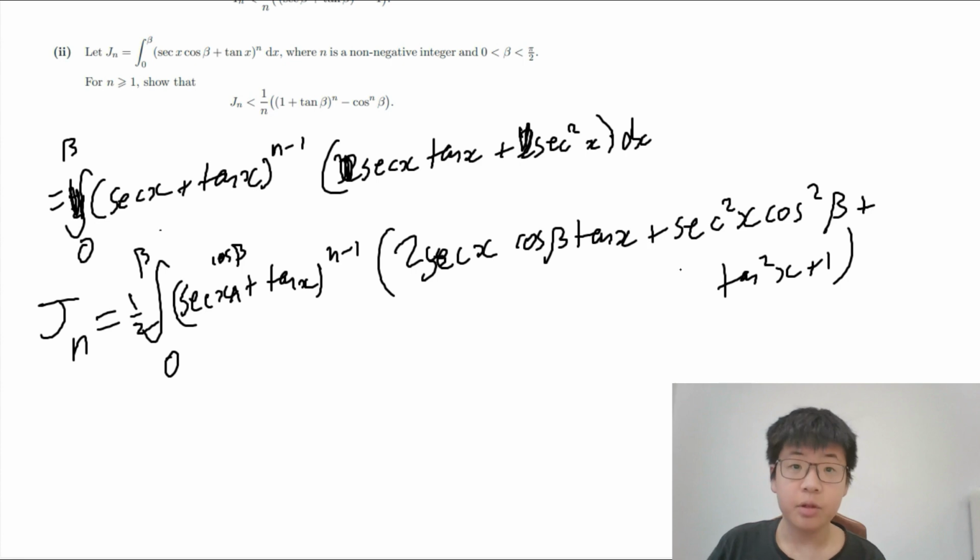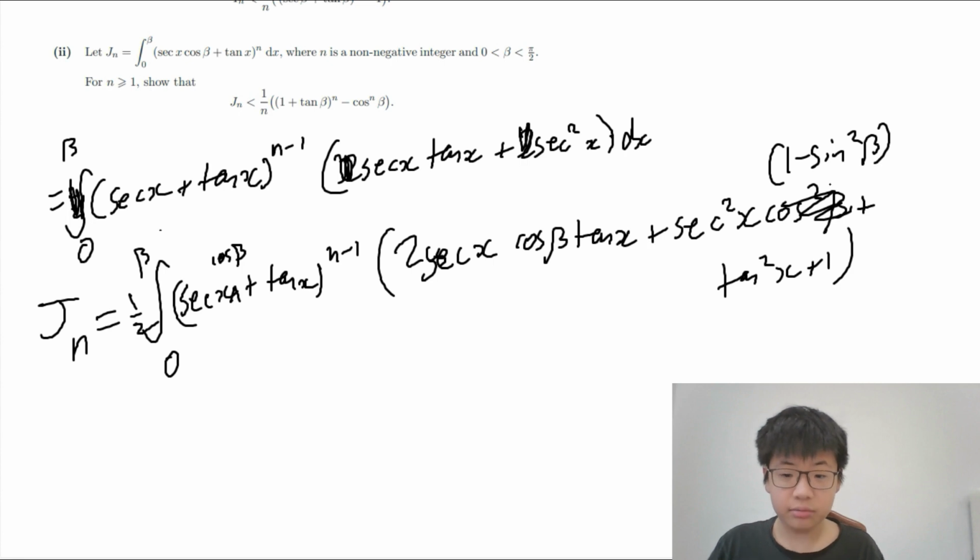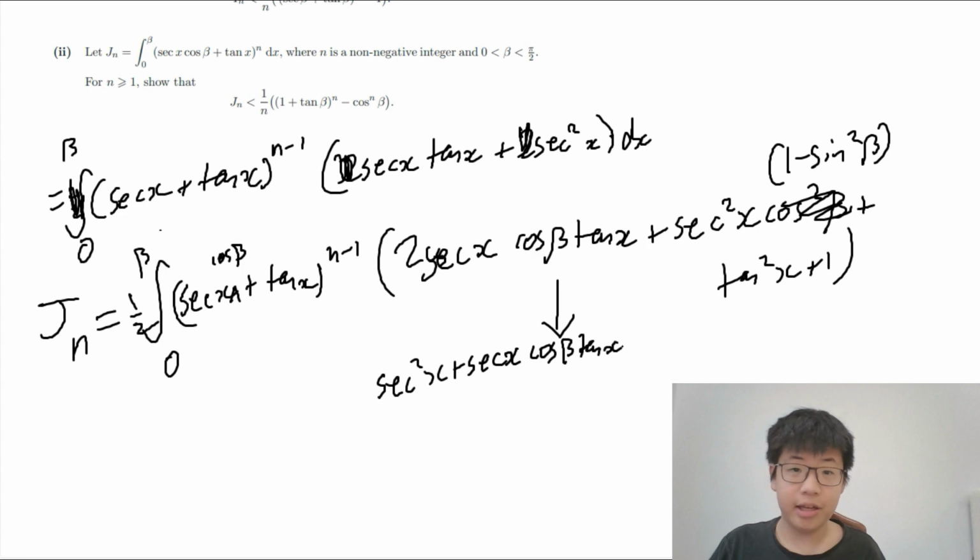And so this cosine squared could be 1 minus sine squared beta. And so this big bracket will be sec squared x plus sec x cos beta tan x, or beta, whatever you prefer to call it, minus sec squared x sine squared beta dx.